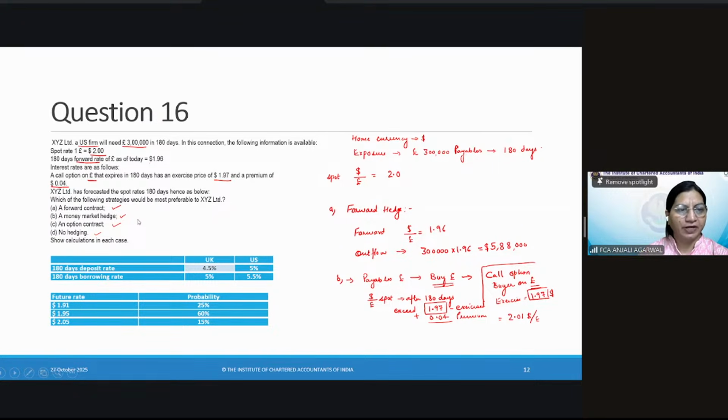A forward contract, a money market hedge, an option contract, or no hedging, right? So far, we have calculated our first answer, that if it is a forward contract, the outflow will be $5,88,000.